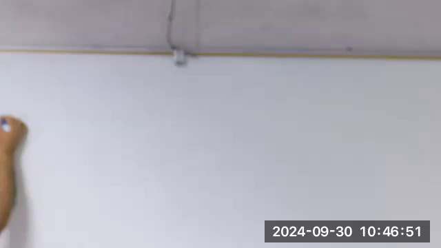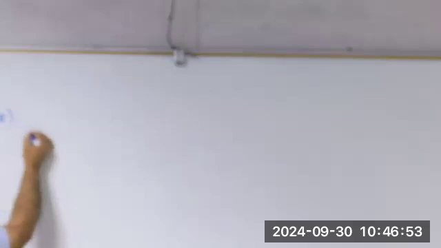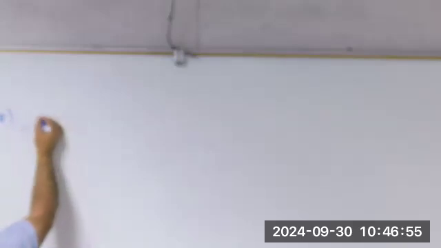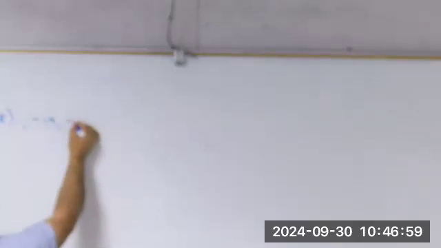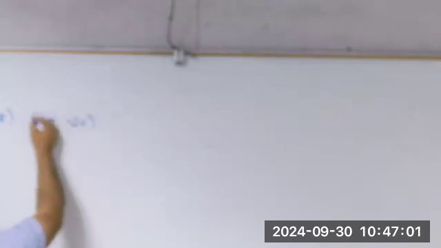So if you have function f, is this set of ordered pairs? Let's just make up numbers: -2, 5; -1, 8; and -19, -20.